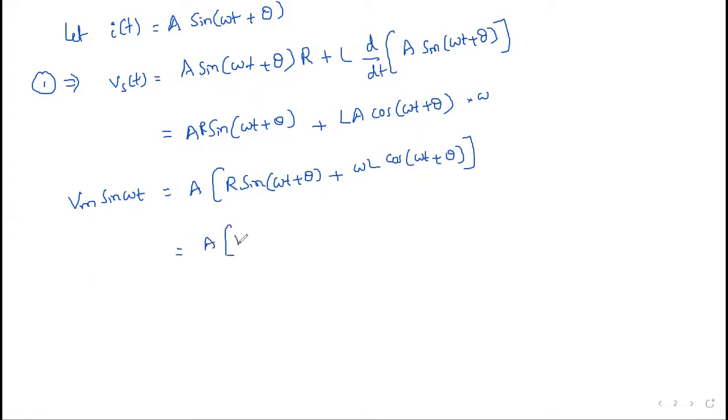This is equal to A into R sine of omega t plus theta plus omega L into cos of omega t plus theta, using the A plus B formula: cos A sin B, minus sin A cos B.